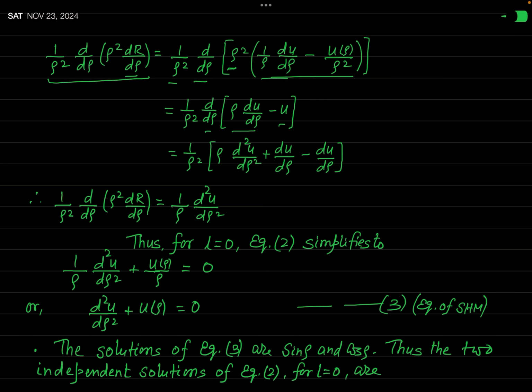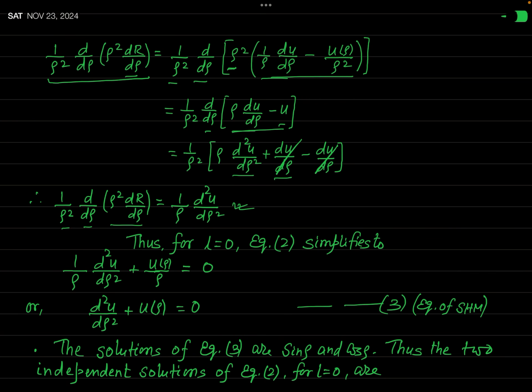Now let us differentiate the two terms inside this square bracket. You can see this will be equal to rho times d2u by d rho square plus du by d rho, since d rho by d rho is 1, and minus du by d rho. So these two terms will cancel out, and finally we see that 1 over rho square d by d rho of rho square dR by d rho is equal to this much.